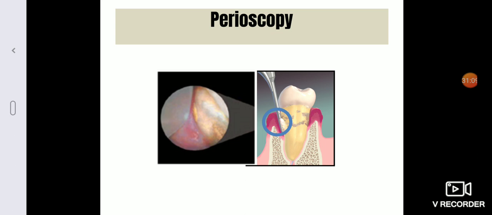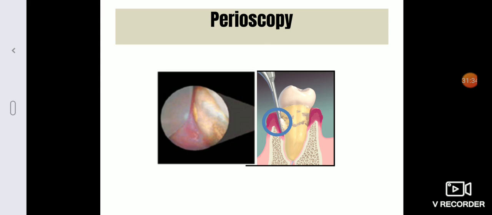The uses of perioscopy: it allows a clear visualization of the deep subgingival pockets and furcations. It enables the operator to detect the presence and location of the subgingival deposits and guides the operator in their removal.